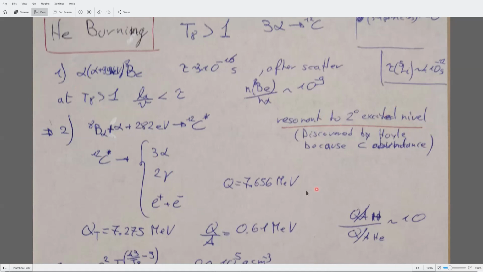I forgot the word in English. And so you cannot go directly to the ground state, you have to drop, so via a photon, or directly a production of a pair of electron and positron that will then annihilate, producing the energy.